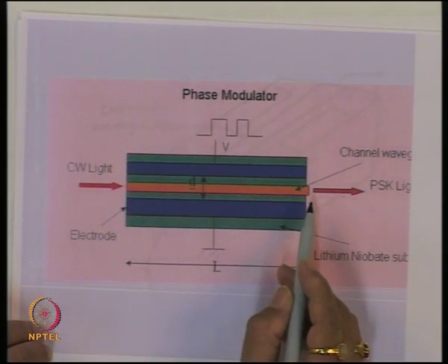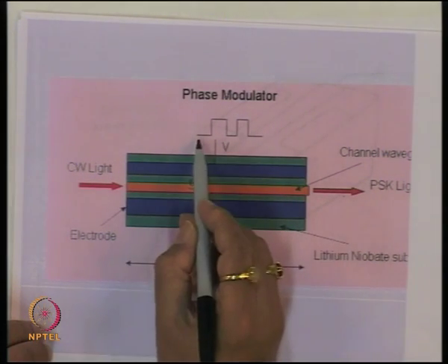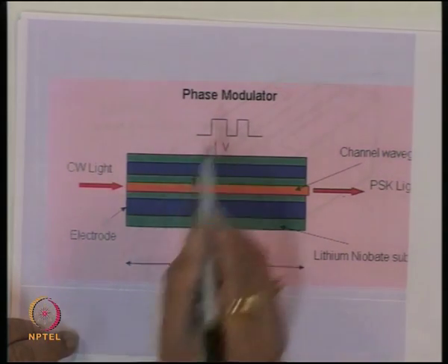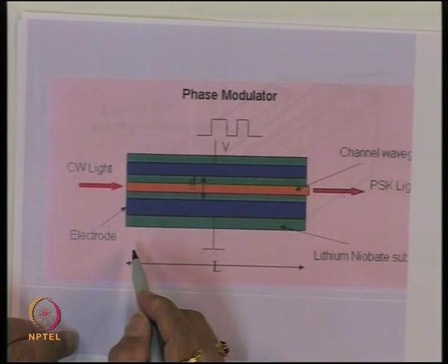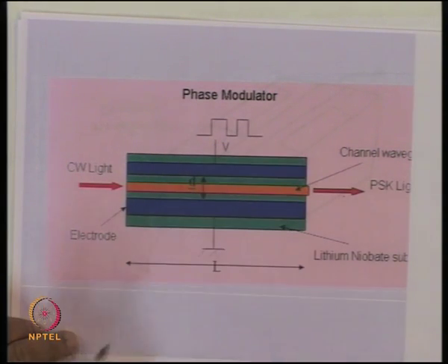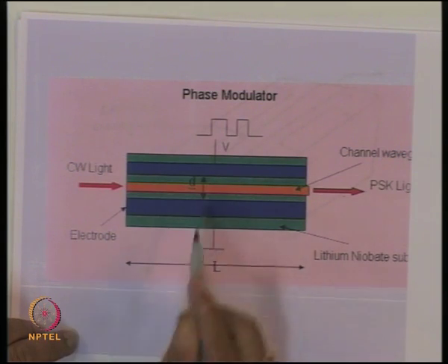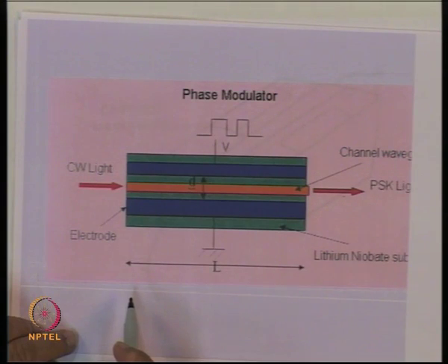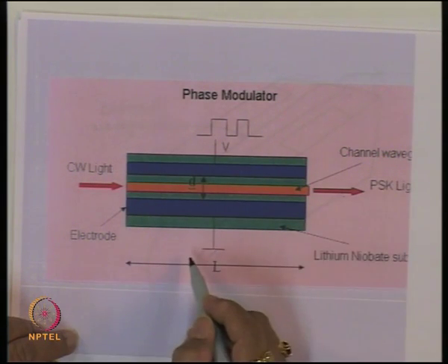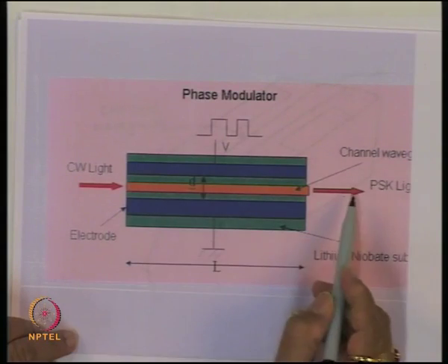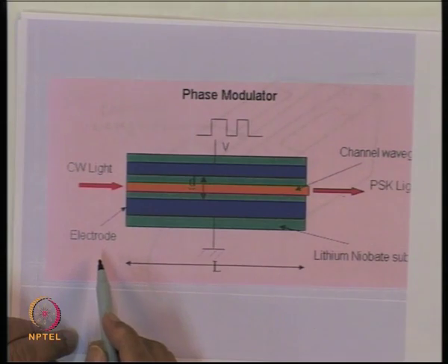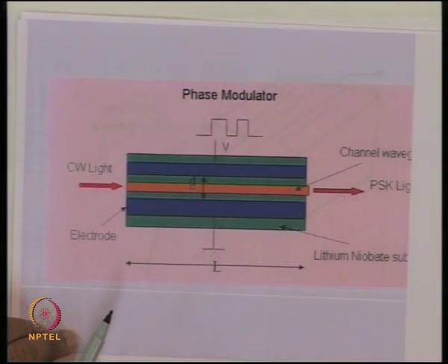Light passes through this, and now we are applying a signal to the electrodes, let us say in the form of some square wave. So when the voltage is applied, the refractive index of the material will change, and because of that the phase of light will change. So you will have essentially two phase values of the light, one corresponding to this voltage, the other corresponding to this voltage.